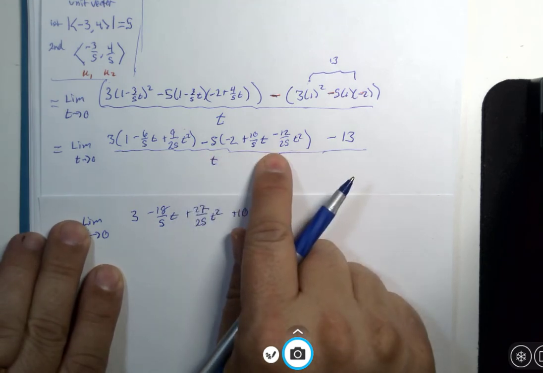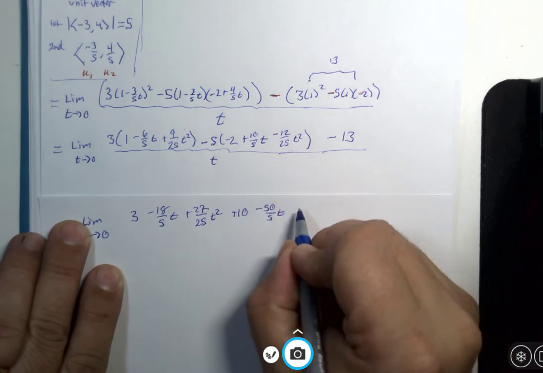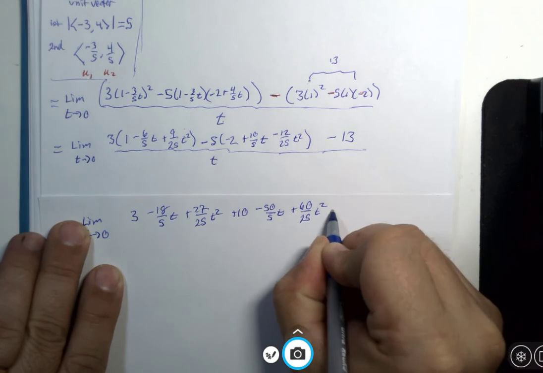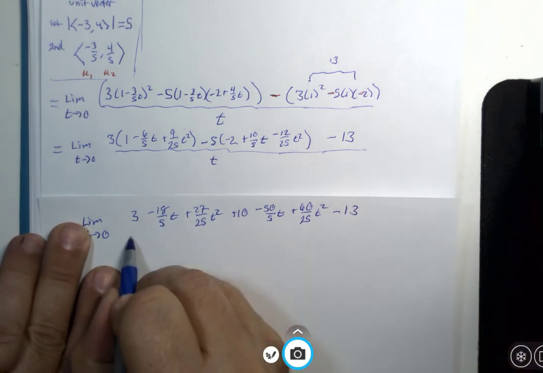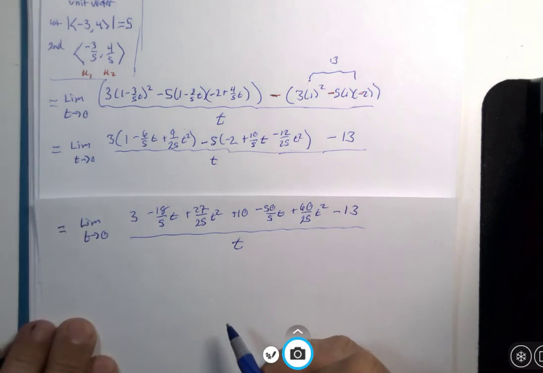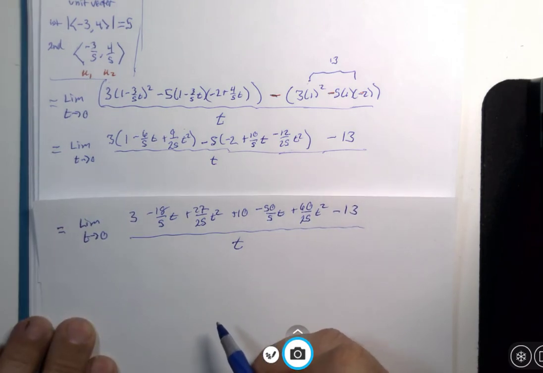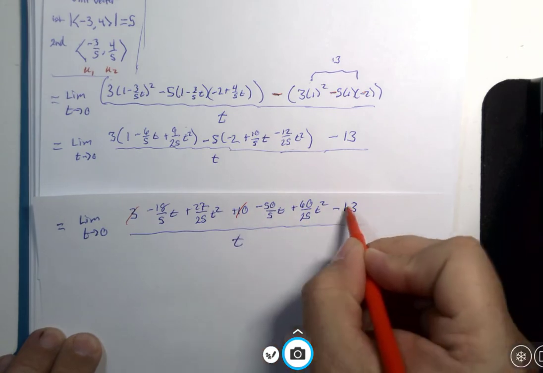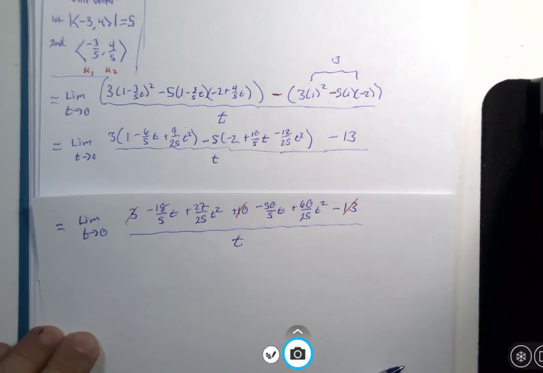Minus a negative is positive 60 over 25 t squared, minus 13, divided by t. Okay, 3 plus 10 minus 13 is 0.